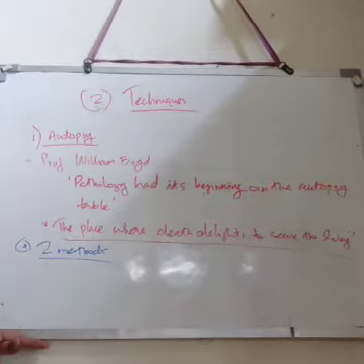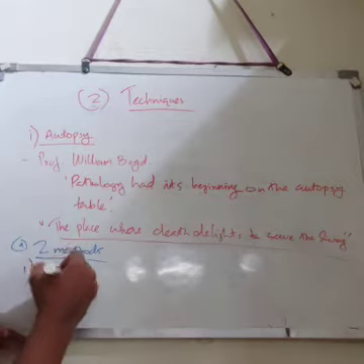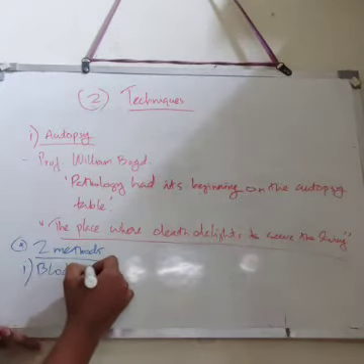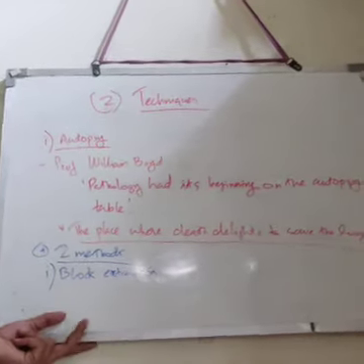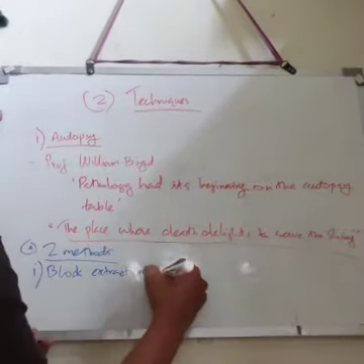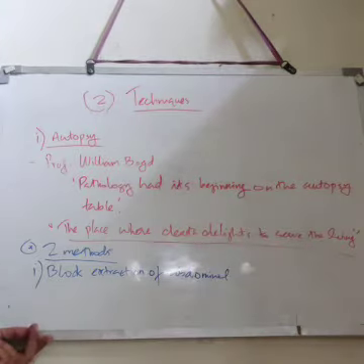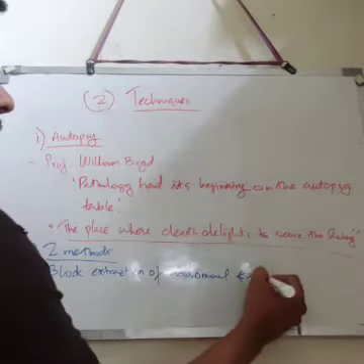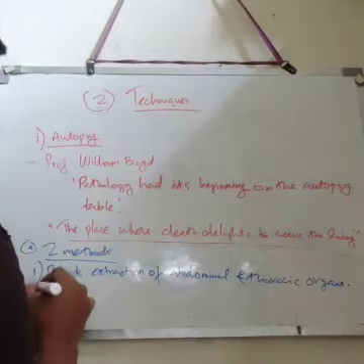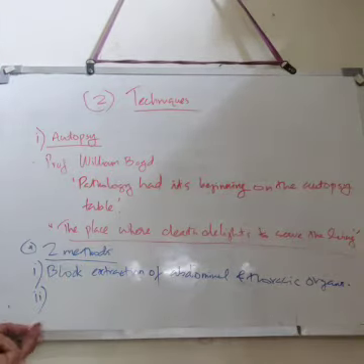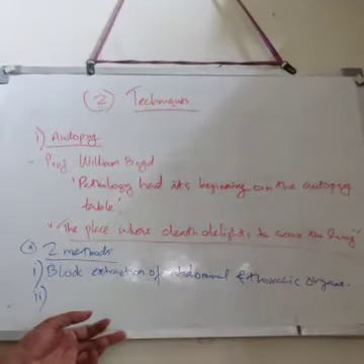The first is block extraction of abdominal organs and thoracic organs. This is the first method in autopsy. So the first method is block extraction of the abdominal and thoracic organs.